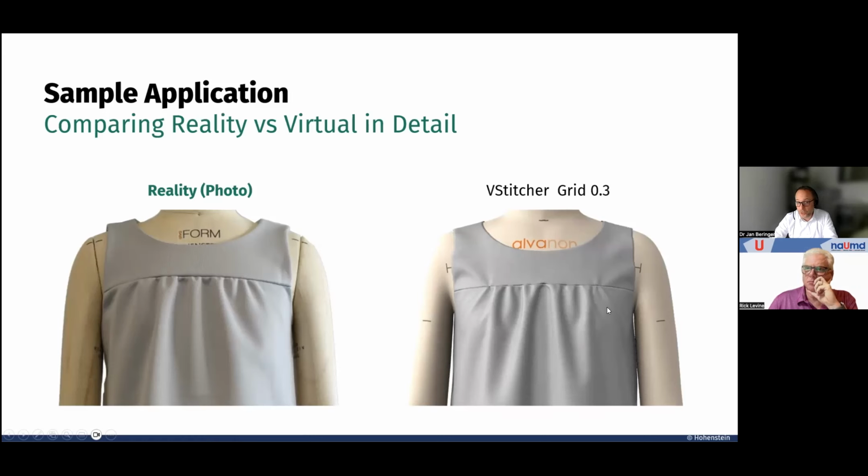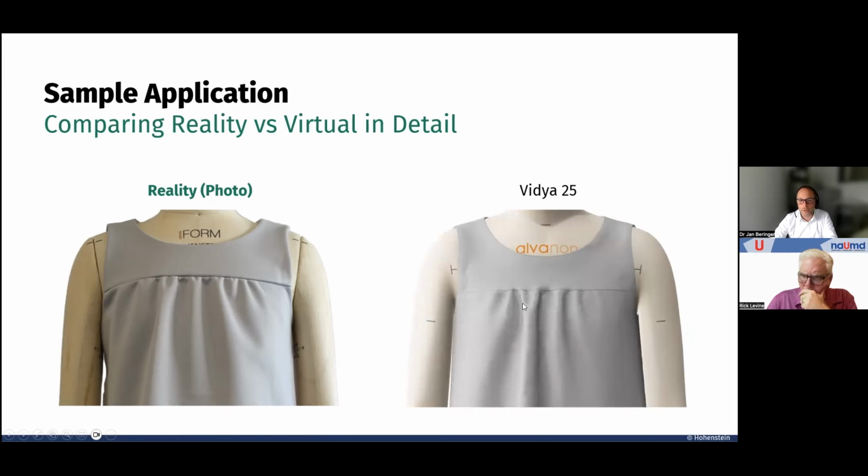But what you might also notice, especially here in the shoulder part, is that the simulation looks totally different compared to the real world. So this might be a little bit too much in that case, because on the one side we have a good match to reality, but on the other side we have no match to reality at all. And again, this is something that needs to be tweaked.